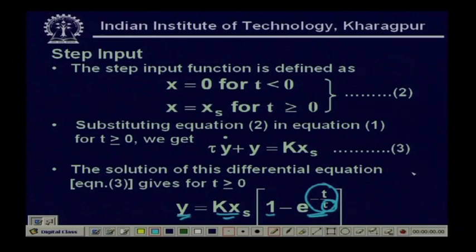If the tau is large, it will take a long time to die out. If the tau is small, the output will reach the final steady state value very quickly, because there is a minus term. So, let us play it, since we have done this in flash.